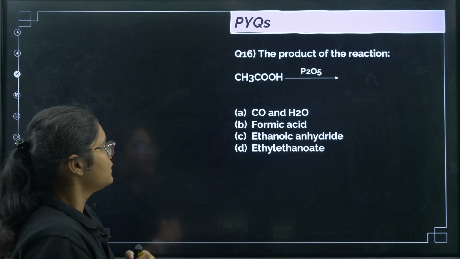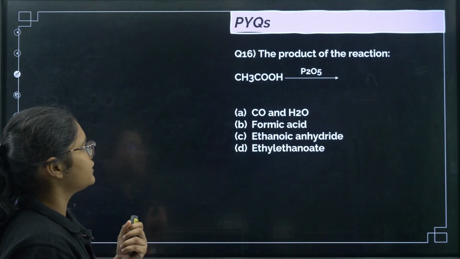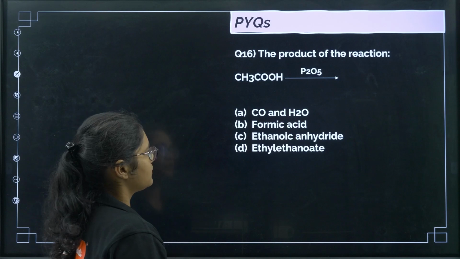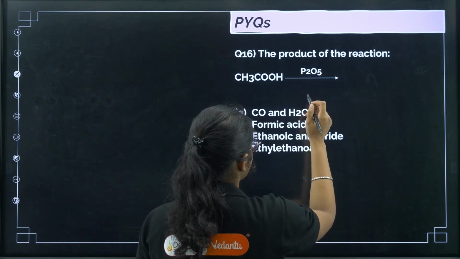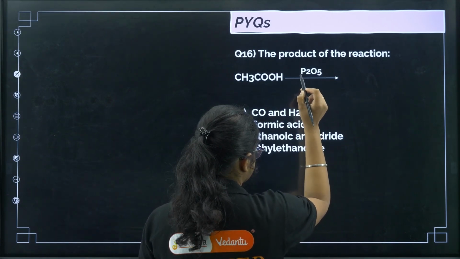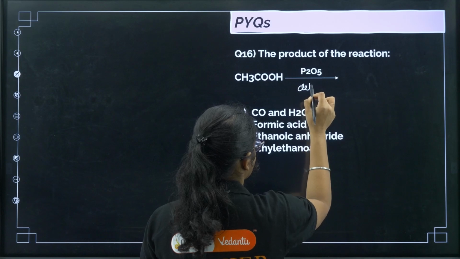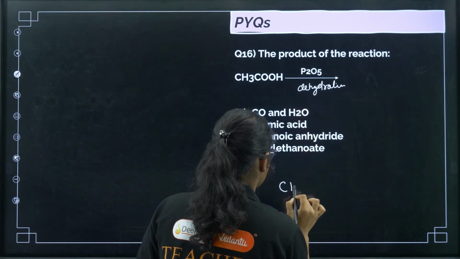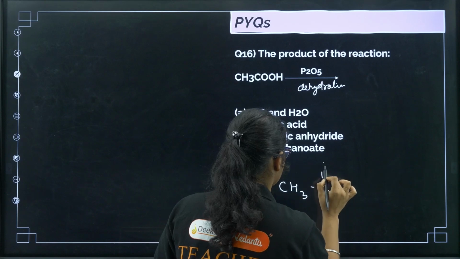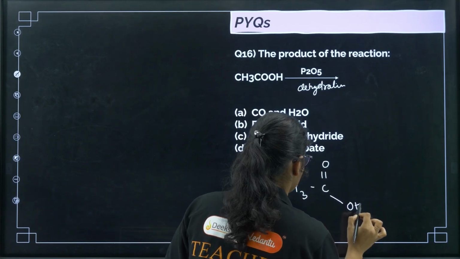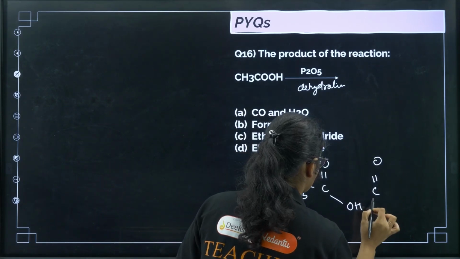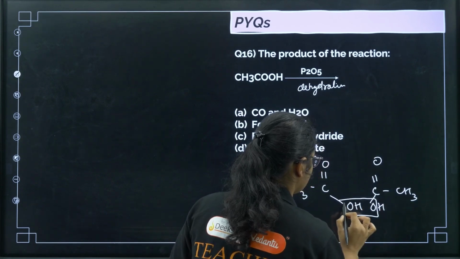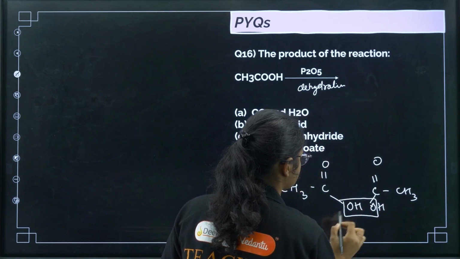Next, the product of the following reaction. CH3COOH with P2O5. If you remember, P2O5 is a dehydrating agent, right? Dehydration takes place. So CH3, C double bond O, OH, and then you have CO, OH and CH3. Here H2O will go and this oxygen will remain.